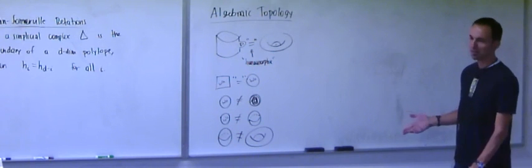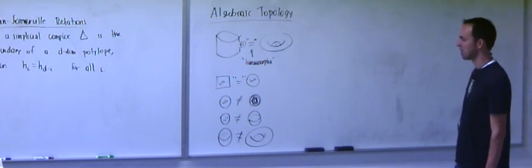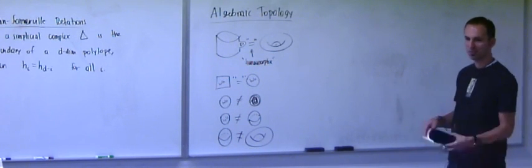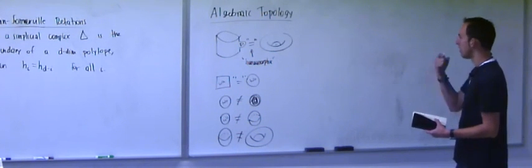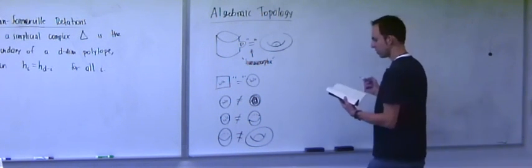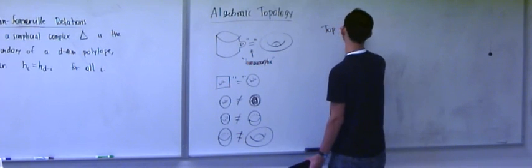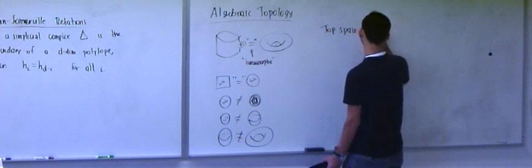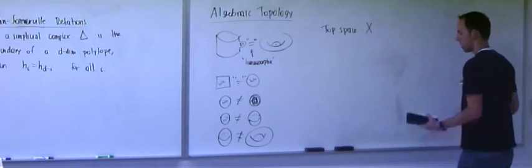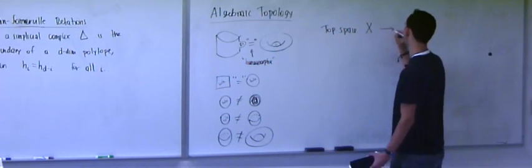Well, the thing is that we want to make science and not just point and say these kinds of things. And so in algebraic topology, what you do is that you start with some topological space X, and you want to associate to it some algebraic object.